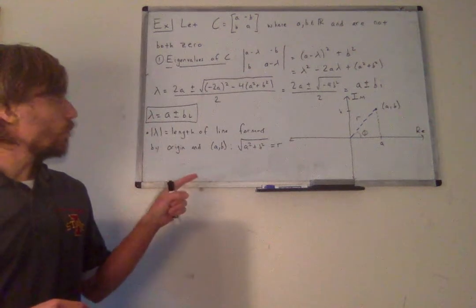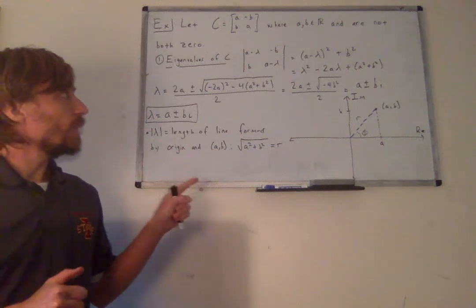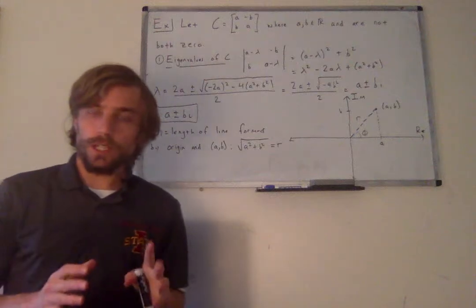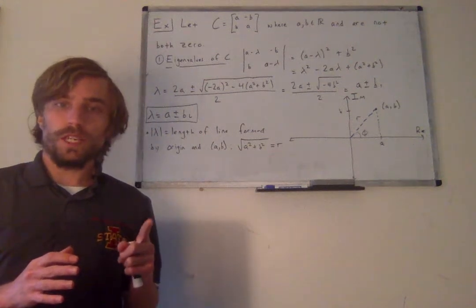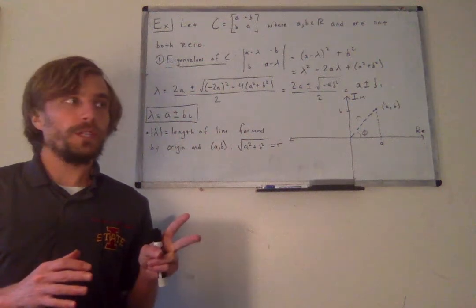And so what I actually want to show is that it turns out that every complex matrix is somewhat of a rotation and a scaling in the two-dimensional plane.